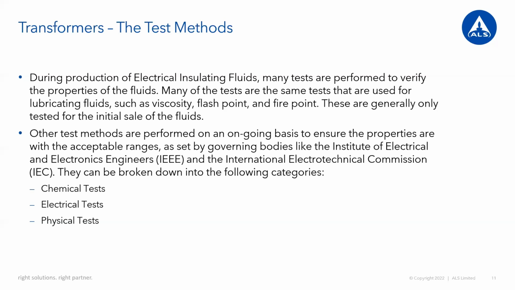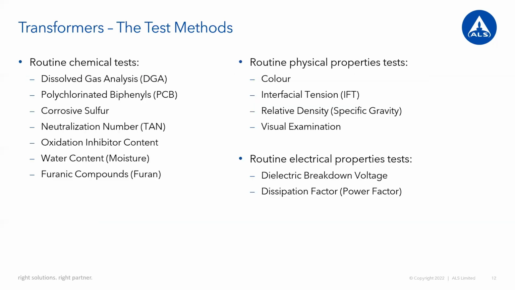Other test methods are performed on an ongoing basis to ensure the properties are within the acceptable ranges as set by the governing bodies like the Institute of Electrical and Electronics Engineers, that's IEEE, and the International Electrotechnical Commission, IEC. That can be broken down into the following categories: chemical tests, electrical tests, and physical tests.